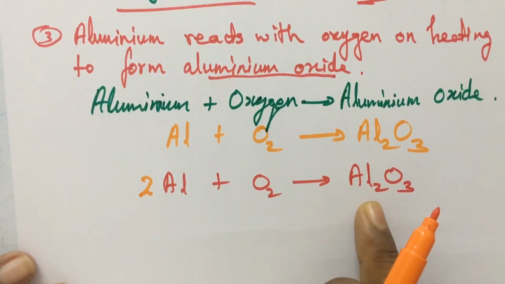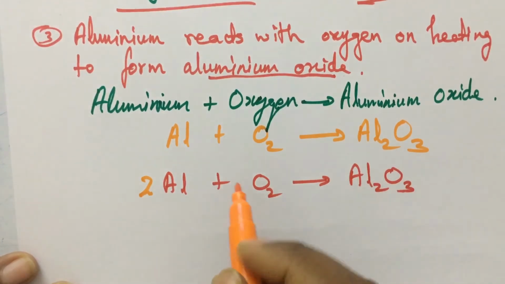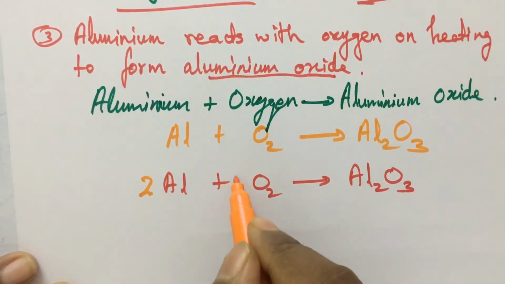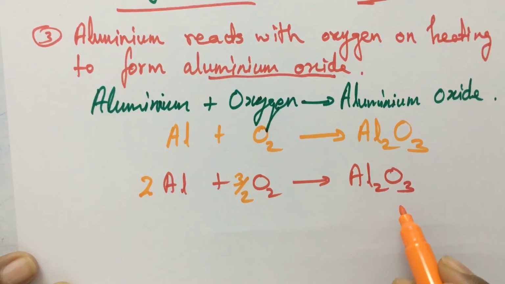Now in order to balance oxygen atoms, multiply oxygen by 3 by 2, because O2 is already there, so we put 3 by 2 O2, so that the number of oxygen atoms becomes 3 on both sides. 3 by 2 into 2 is 3 only, and here we already have 3, isn't it?